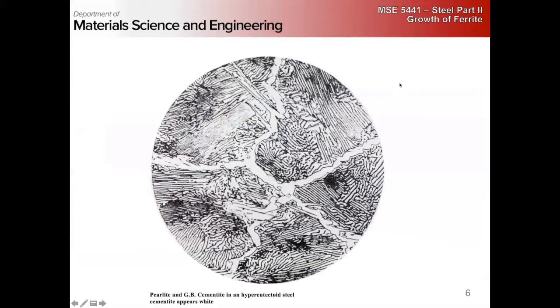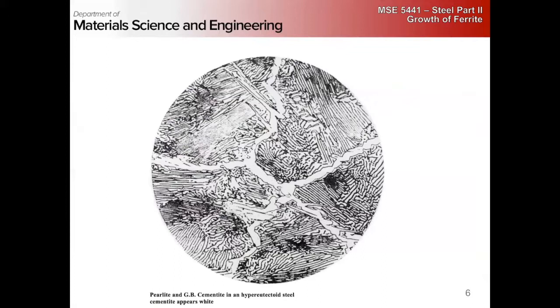So if this is hypereutectoid, this is allotriomorphic cementite that formed on the prior austenite grain boundaries. In this case, the pearlite colony would be limited in extent to the size of the austenite grains, right? Because it's not going to be able to grow past that eutectoid cementite.